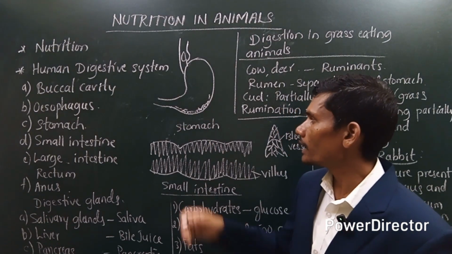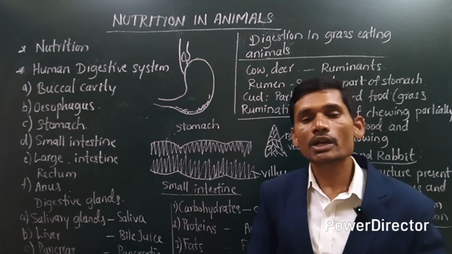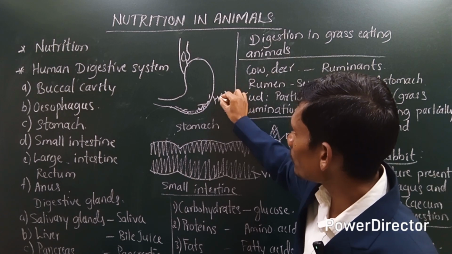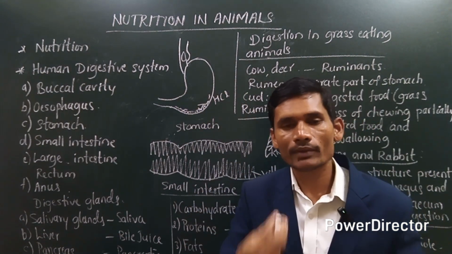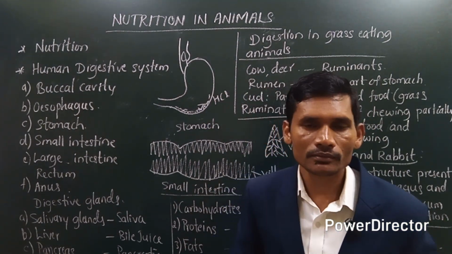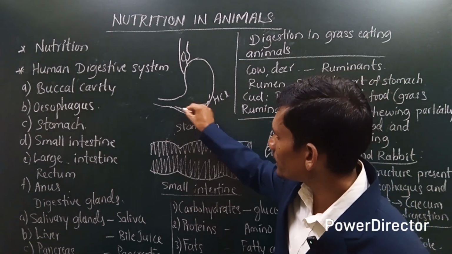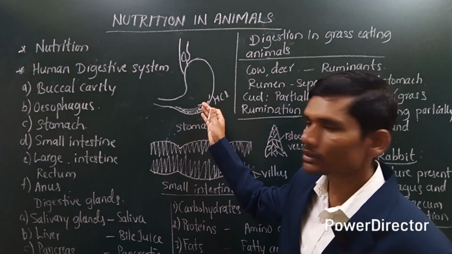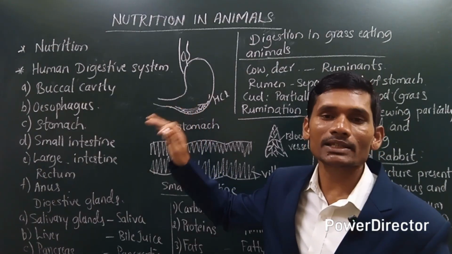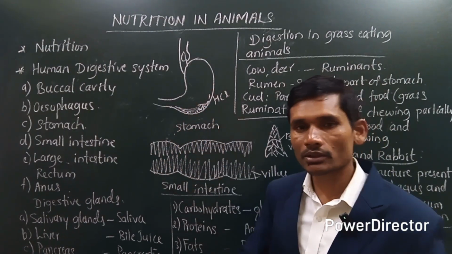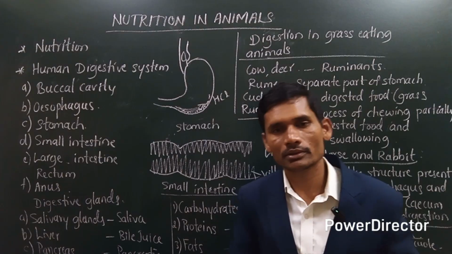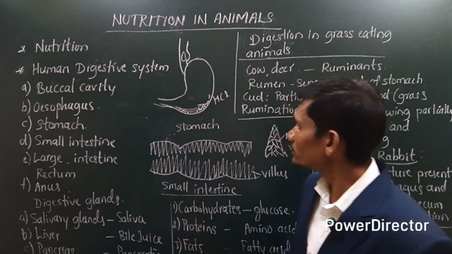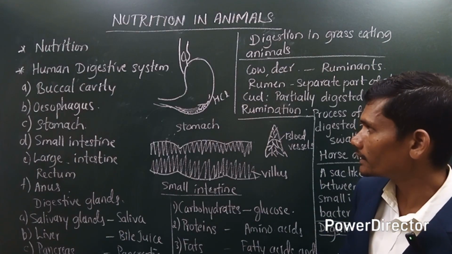The hydrochloric acid kills any microorganisms that come along with the food we consume. And mucus protects the inner lining of the stomach from the action of this acid. The acid should not hurt the inner lining of the stomach, and that is protected by mucus. Remember.